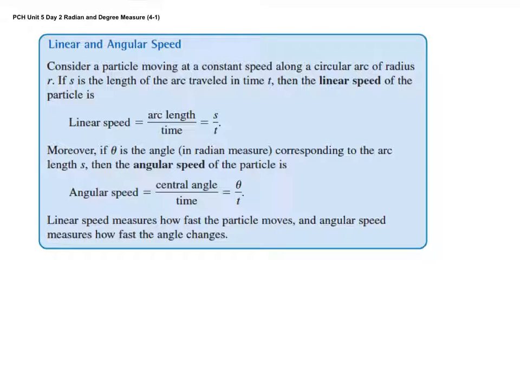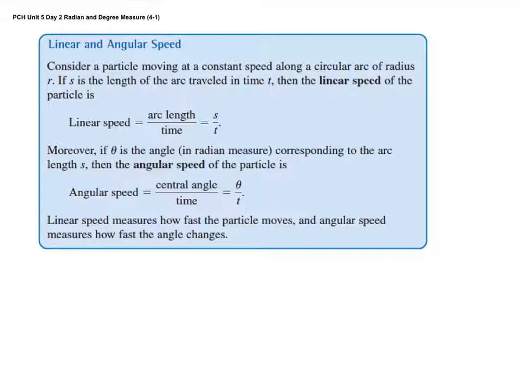But in this case, if we're trying to find out how fast something's moving around a circle, the distance is going to be an arc length. So you see here, linear speed is arc length divided by time.